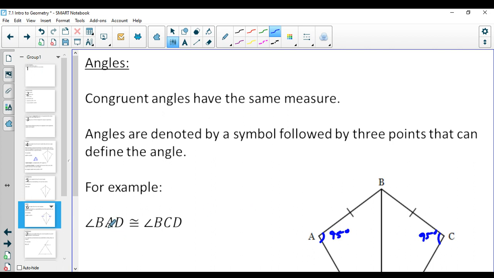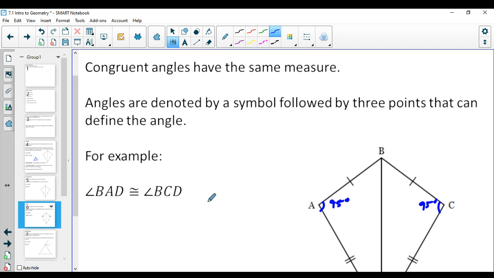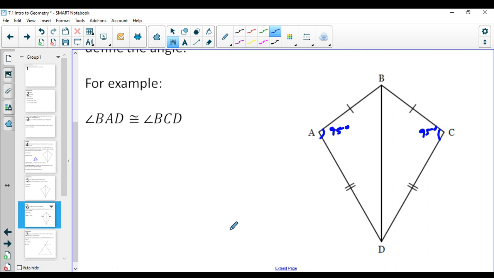Again, we really need to get used to giving 3 points for angles. 3 points are absolutely necessary because if I just tried to say angle D, well, am I talking about this whole thing? Am I talking about this side, or am I talking about this side, right?